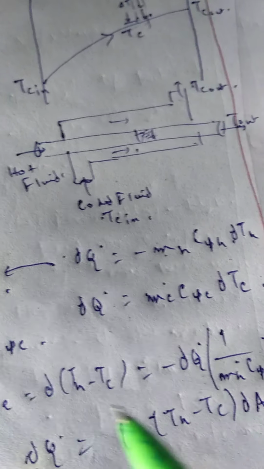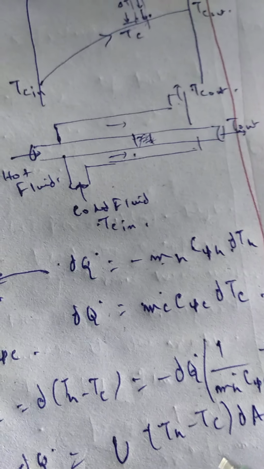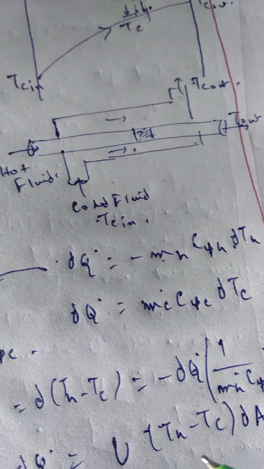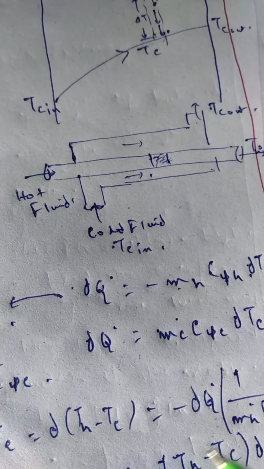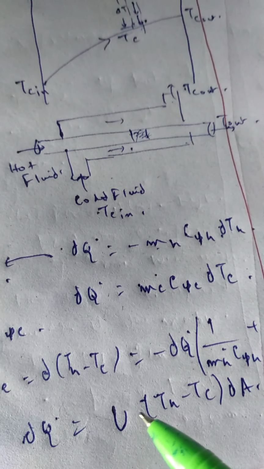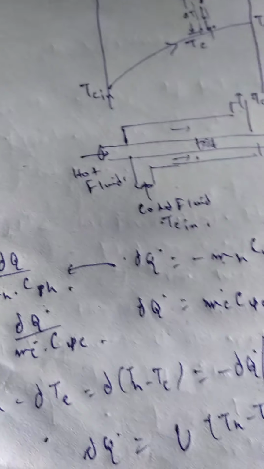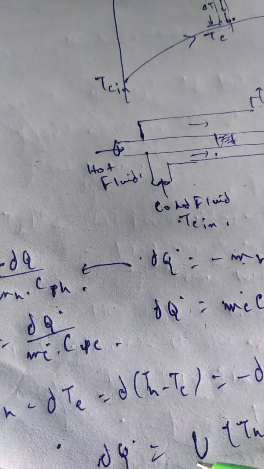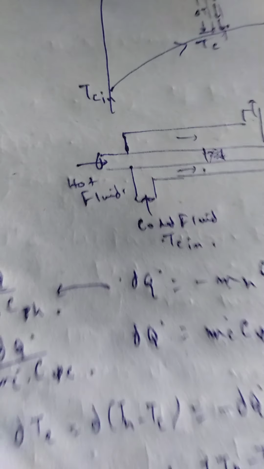So UA delta T. We substitute this value of dQ into this equation, and then we get this value.